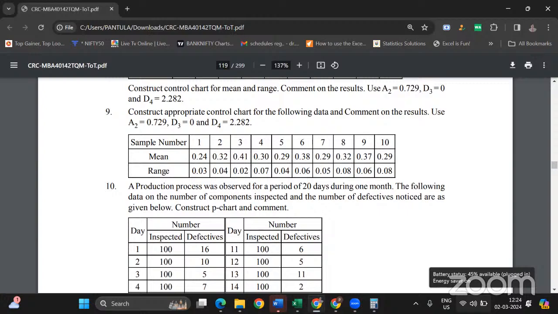Sir, how much percentage of these kinds of questions can be expected in the question paper? We can't assure or predict that, it's the external examiner, but my duty is to explain the content. Most of the time, if you practice this, it's very simple: C chart, NP chart.